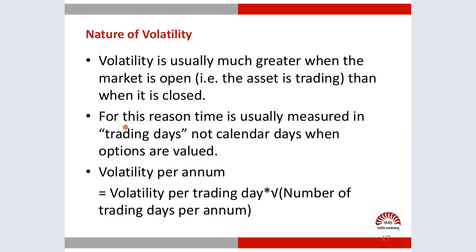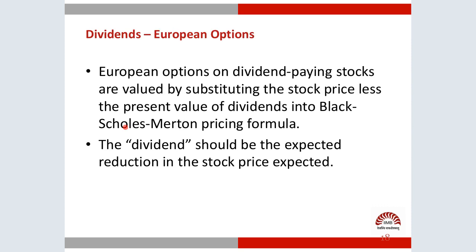So that becomes your average number of trading days per year. You multiply the volatility per trading day by the square root of the number of trading days per year to get the volatility per year. That is how it is quoted.